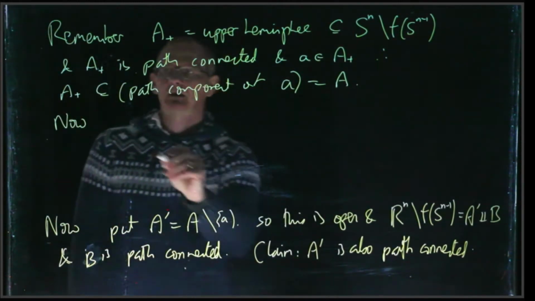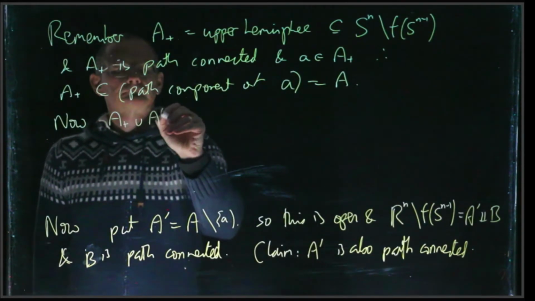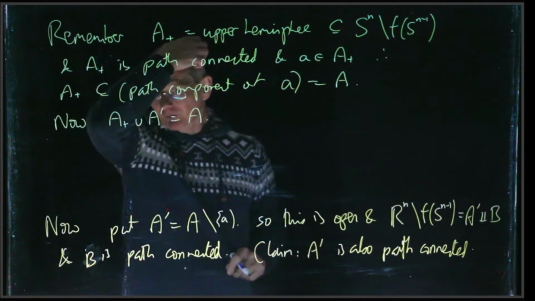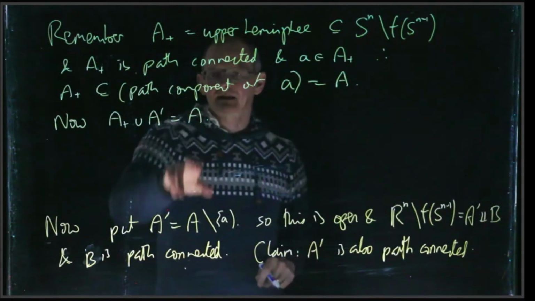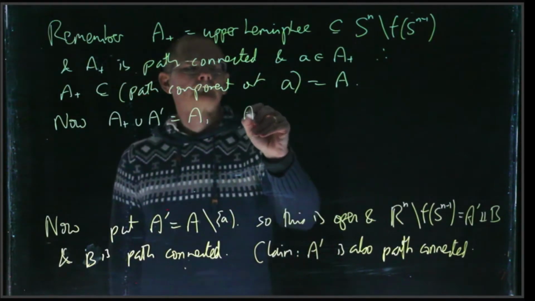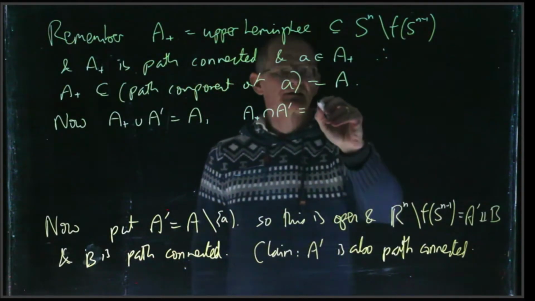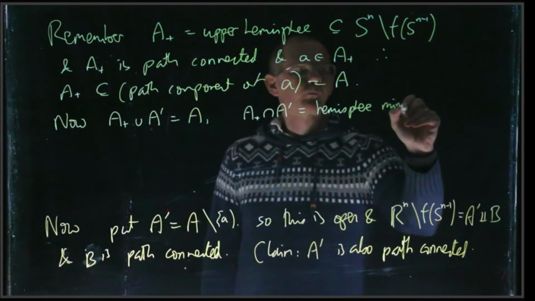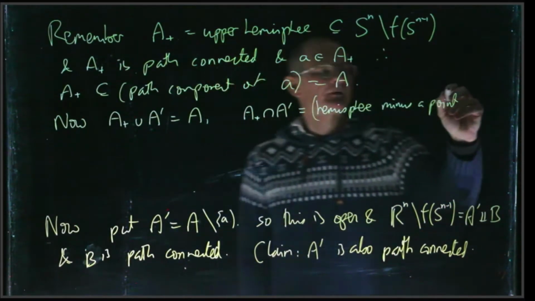So now what do we know? From that it's clear that if you take A plus union A prime, right, A prime you just removed a, but when you take the union with A plus you put the little a back in, so that's just all of A. A plus intersect A prime is the hemisphere minus the point, and that's path connected.